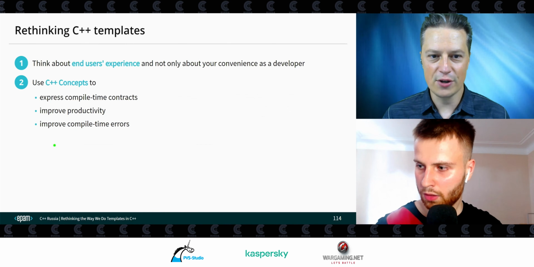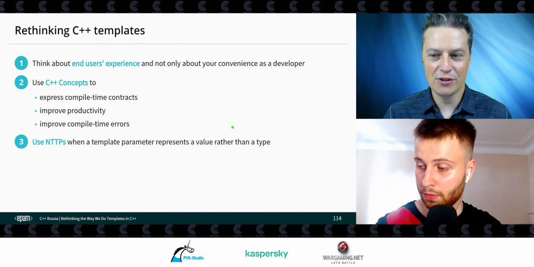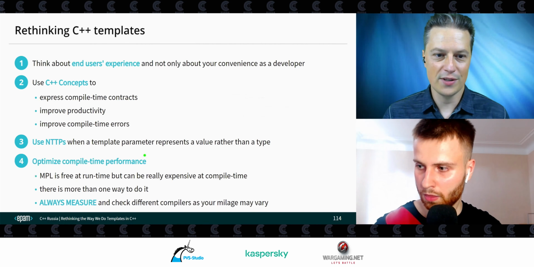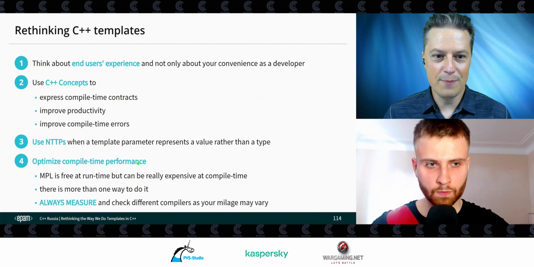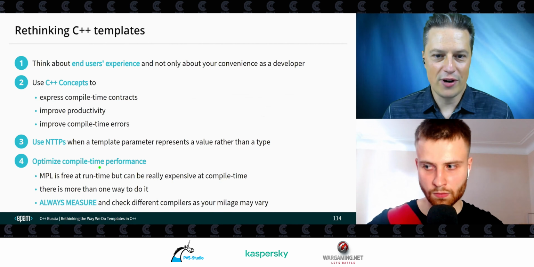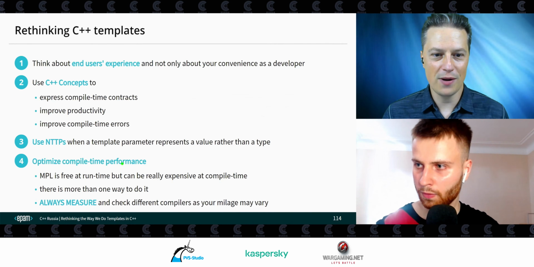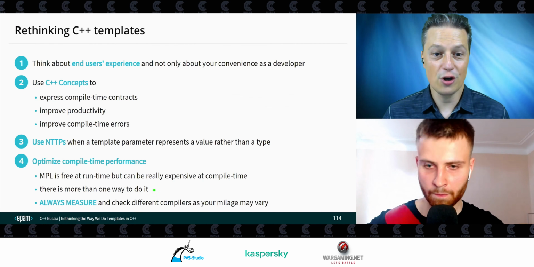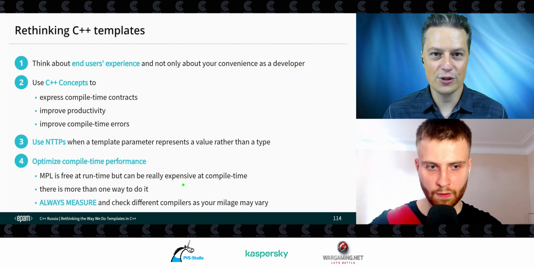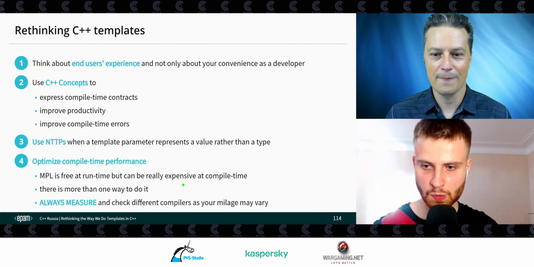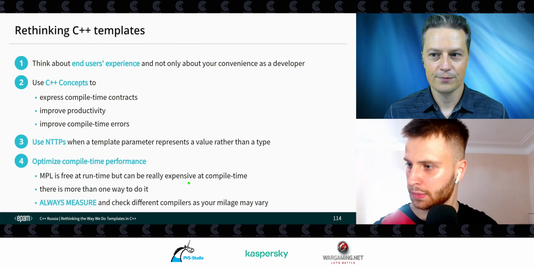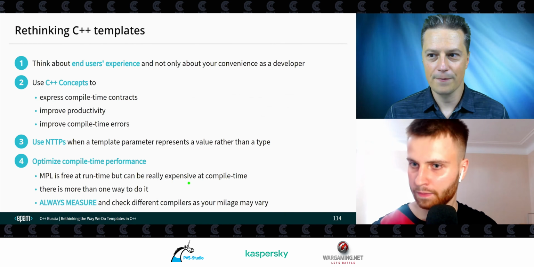Use non-type template parameters when a template parameter represents a value rather than a type. And optimize compile-time performance. MPL is free at runtime, right? But it can be really expensive at compile time. And there is more than one way to do it. And always measure on different compilers to verify if your assumptions are okay, because your mileage may vary. And that's all from me.